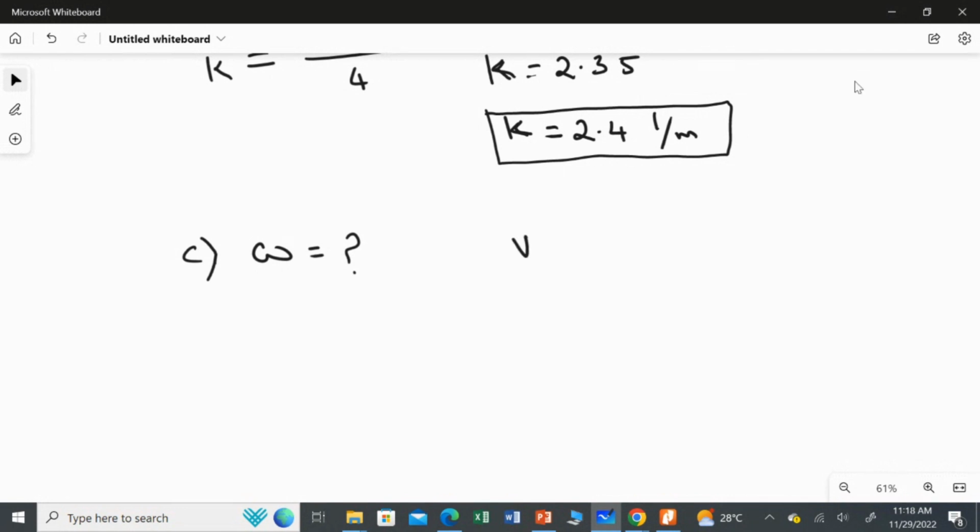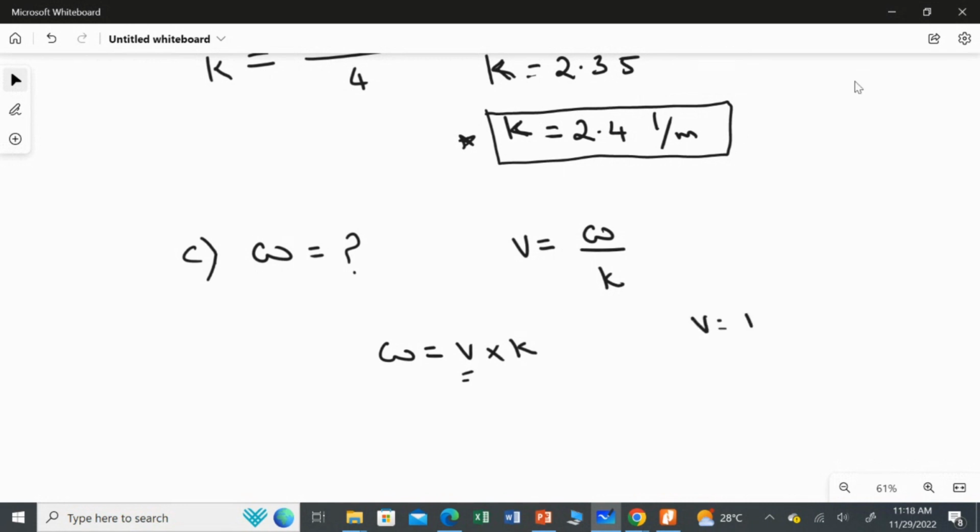What is the relation? Speed is equal to angular frequency over angular wave number. I'm going to use this equation for getting the answer for this angular frequency easily. So therefore omega equal to V multiplied by K. K we already found from the previous question, and the V is already given in the question as 100 meter per second.